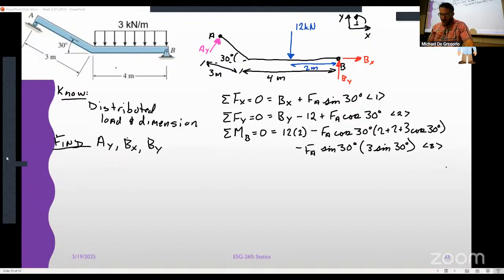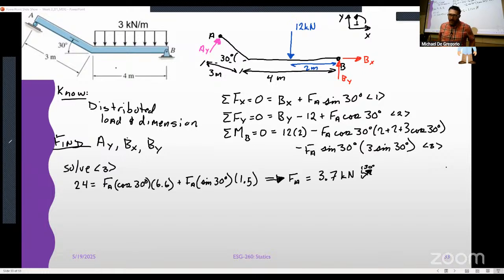Same thing in the other one. If I'm pushing up and to the left or up and to the right, that's going to cause a clockwise rotation, so both of those moments are going to be sensed in the negative direction. So equation 3, we move some things around.